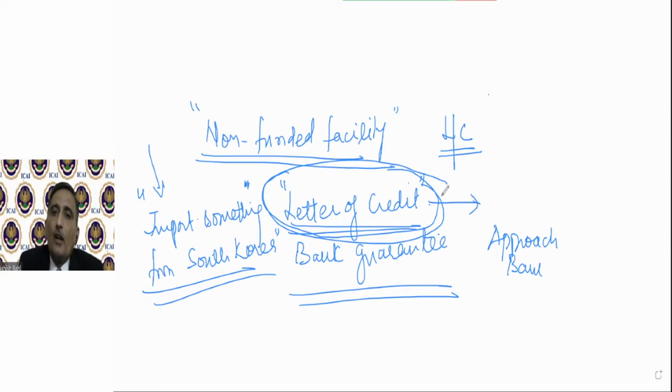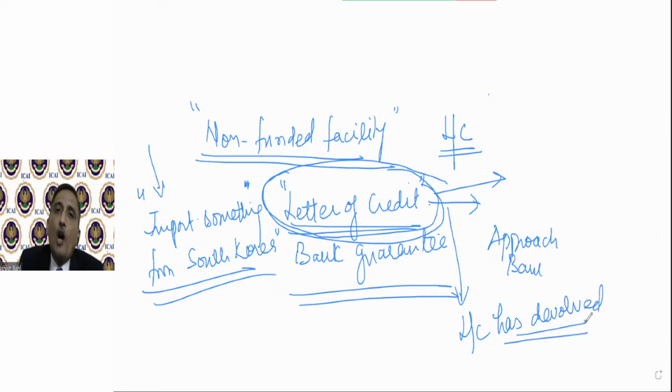Okay, so what would happen? The bank has to make the payment. So we say that LC has devolved upon the bank. In that case, LC would devolve upon the bank because the party did not fulfil its commitment on time, which it was supposed to do. So LC has devolved upon the bank.